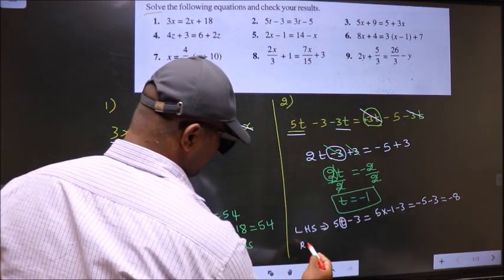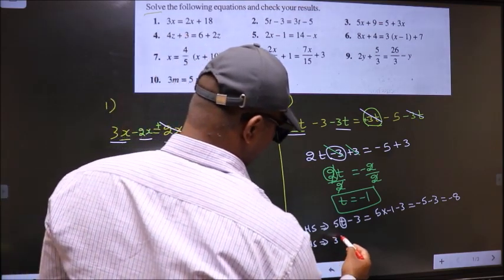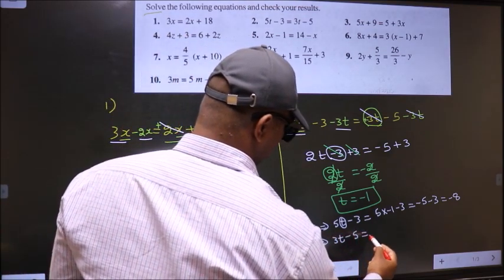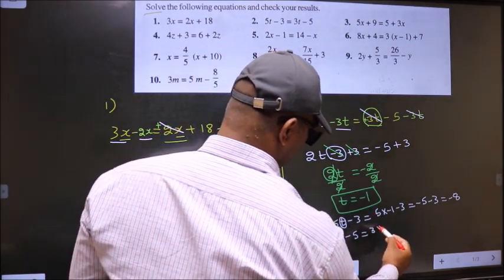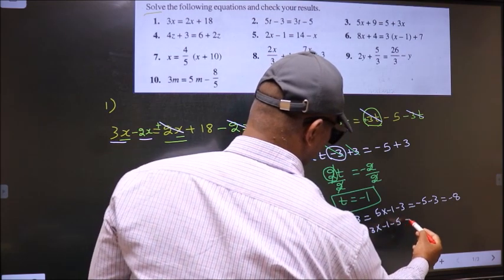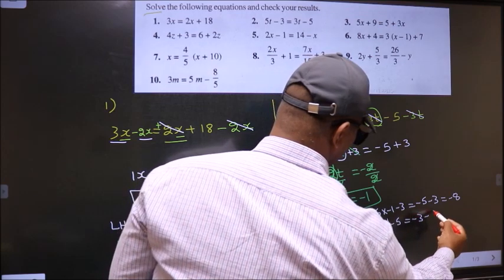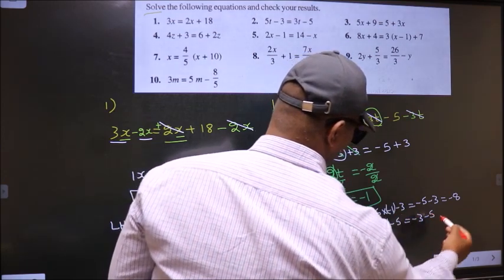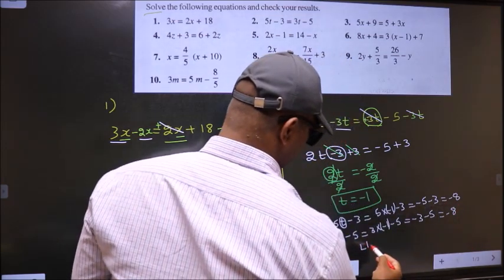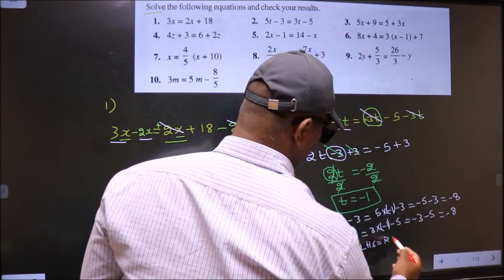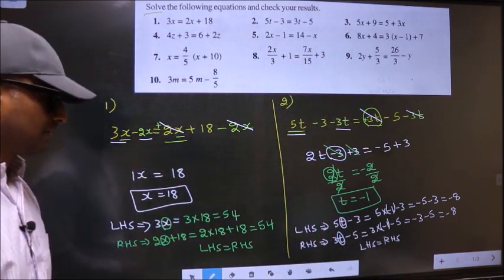Now RHS, 3t minus 5 equal to, now in place of t, you write minus 1. So 3 into minus 1 minus 5. Here we get minus 3 minus 5, that is minus 8. So we got these two equal, LHS equal to RHS. So our answer is correct.